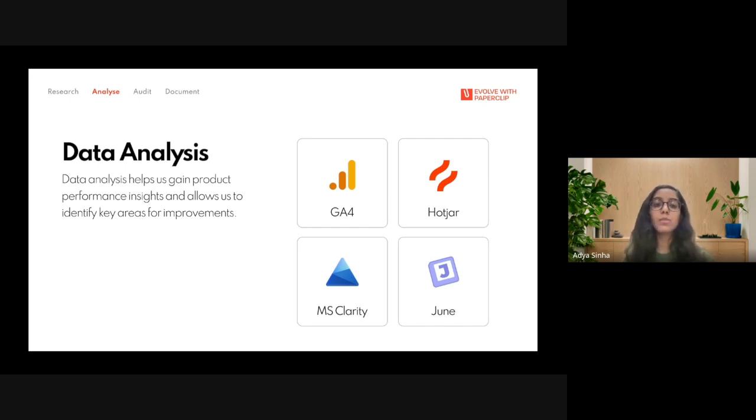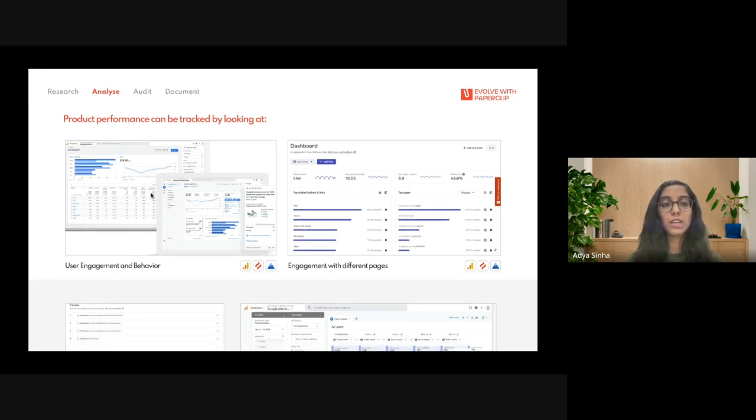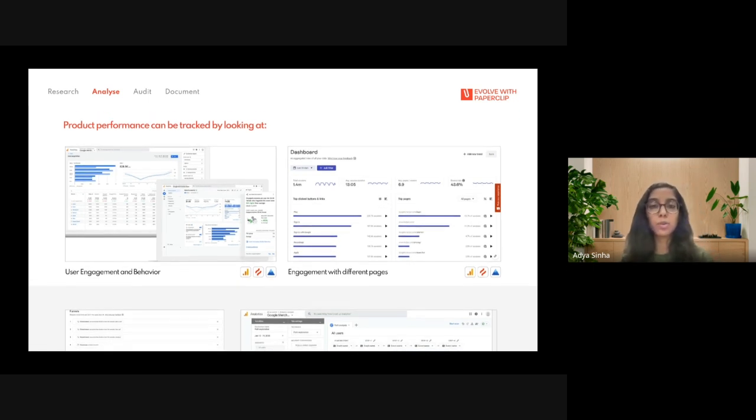Now, adding a little more detail over here, because this is also one of the major steps while conducting an audit. When you are trying to figure out the product performance, you can look into the user engagement and behavior section, which is basically the acquisition report.